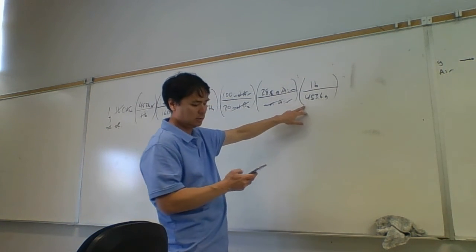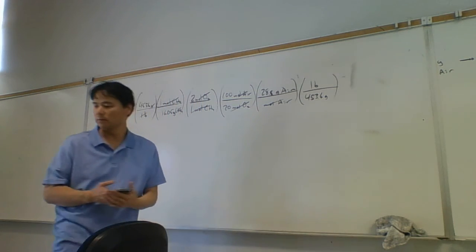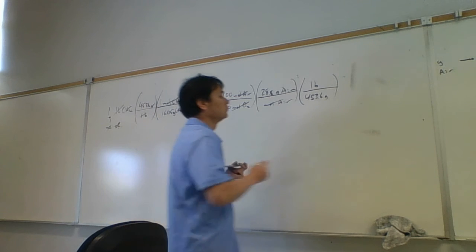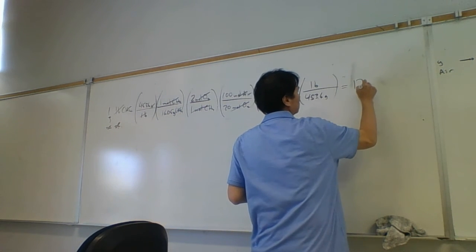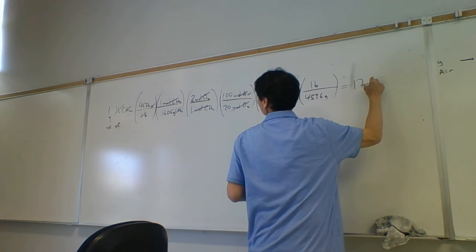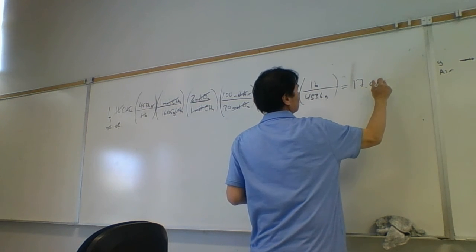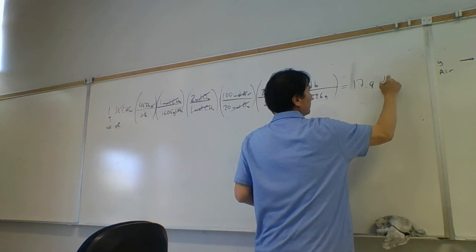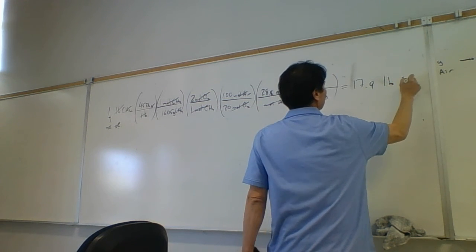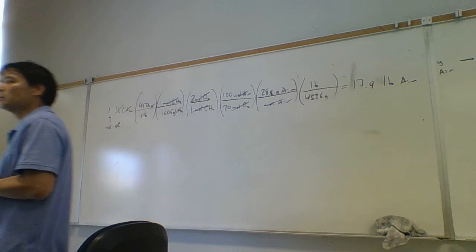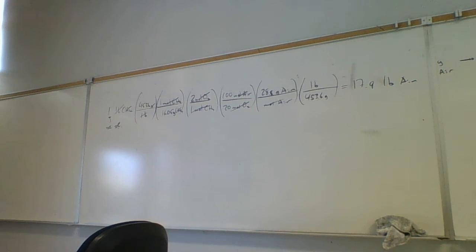That's it, 17.94. So 17.9, about 18 pounds of air. So to burn 1 pound of methane requires 18 pounds of air.